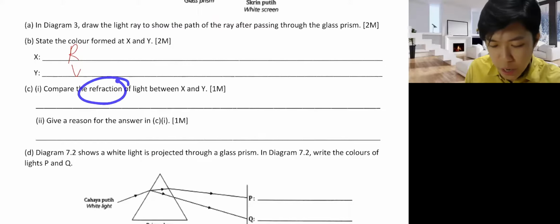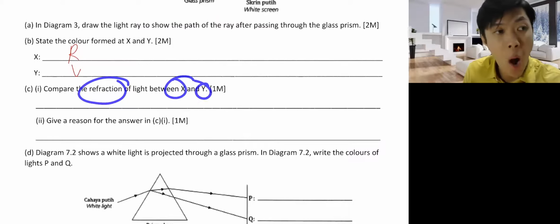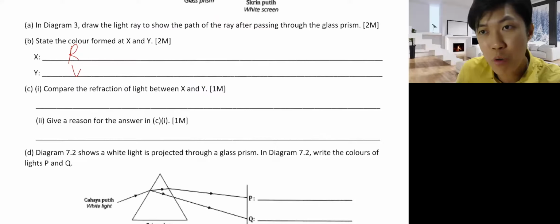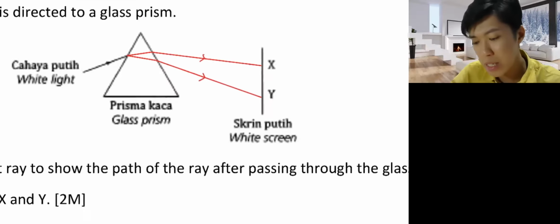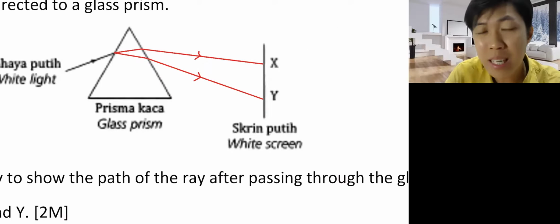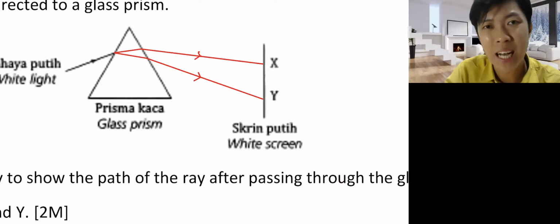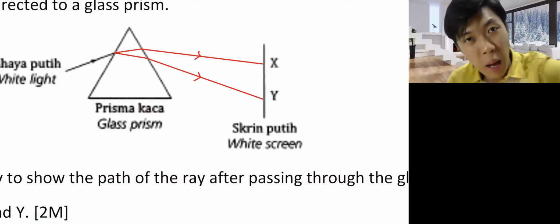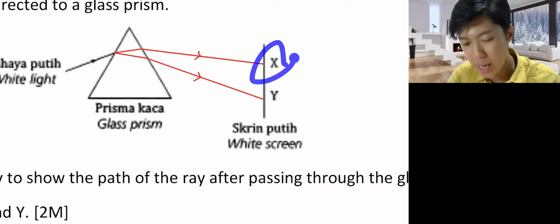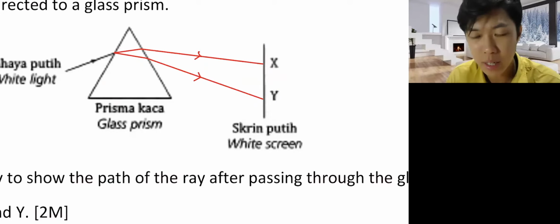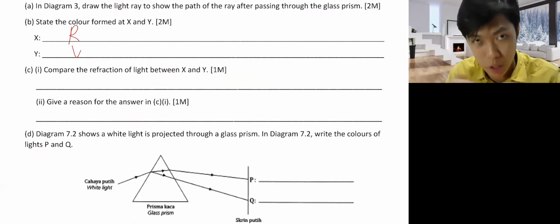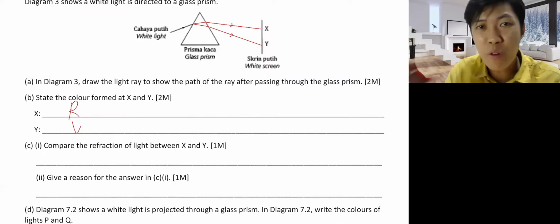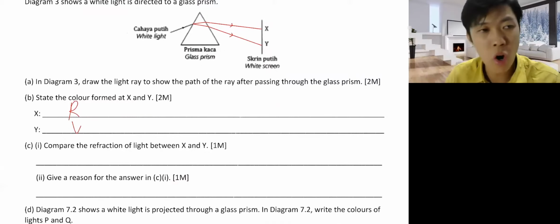Like the last two, compare the refraction of light of X and Y. Refraction means whether they bend more or bend less. I told you just now, the slow color bends more, the faster color bends less. So obviously, Y refracts more than X. Can you form a sentence to compare, like which one refracts more?